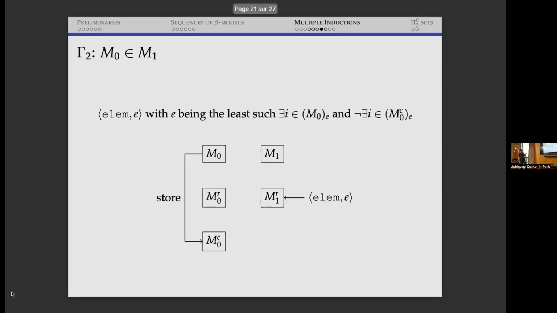And the slightly more confusing one is putting M0 inside of M1. So if you have the current copy you had of the model, and the model you have right now that's going to be a little bigger, you're going to have some recipe that is different, and you take a witness and save it.